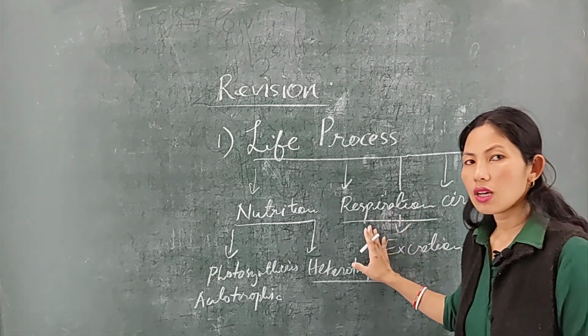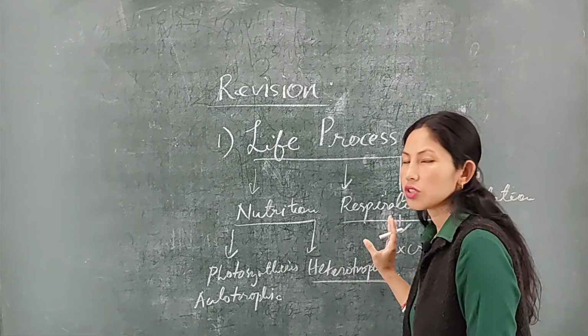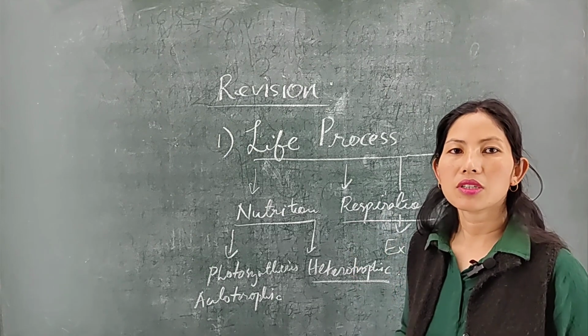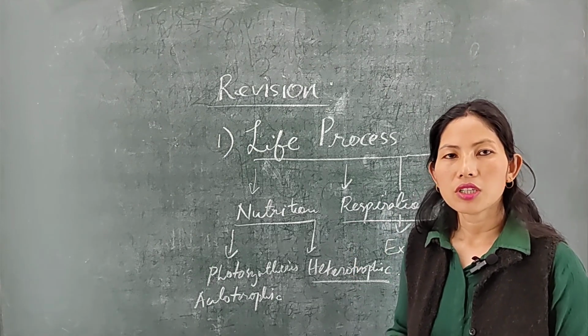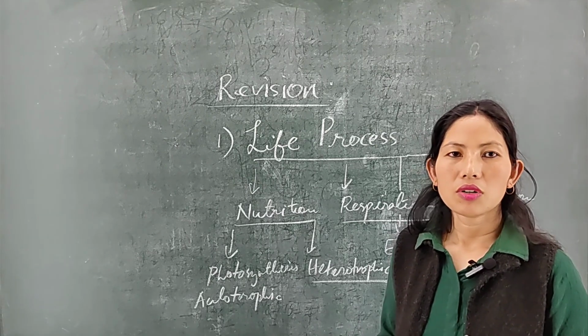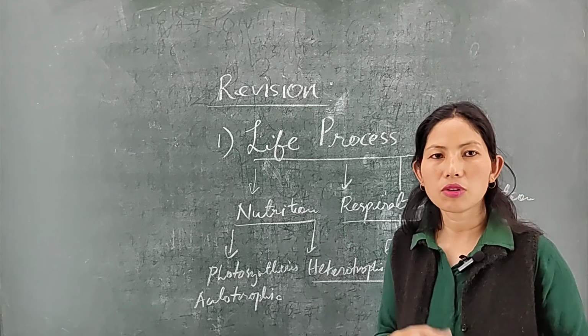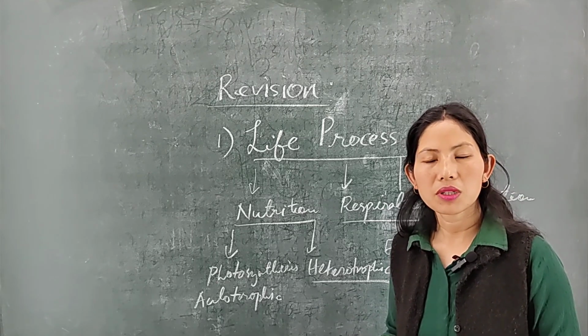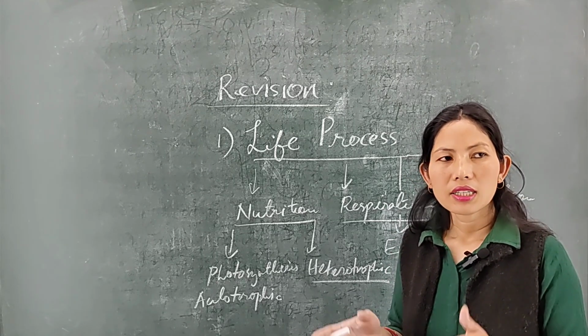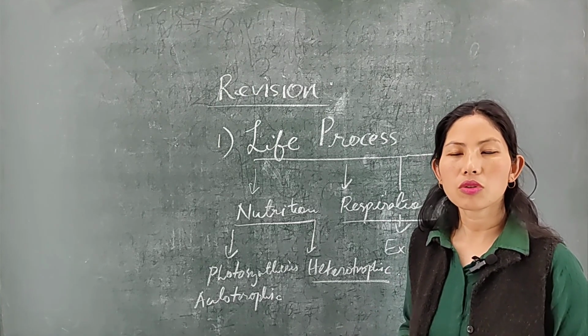Now you need to learn how respiration occurs in humans. Under respiration, you need to study the respiratory system in humans, including the names of different parts and their respective functions. Then you have to study the types of respiration, like aerobic respiration and anaerobic respiration. Aerobic respiration is where oxygen is involved, anaerobic respiration is where oxygen is not used.